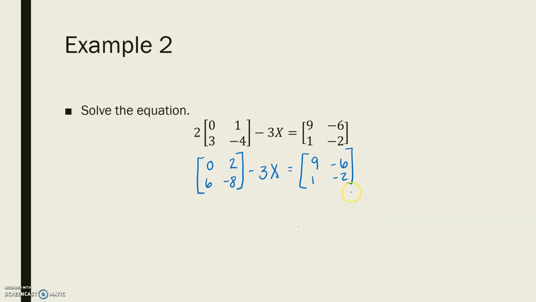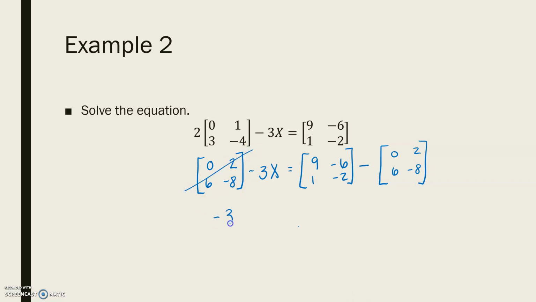I need to move this to the other side. Even though this is a minus sign, this right here is a positive matrix, so I'm going to subtract it from both sides. I'm going to subtract it over to here, and that's going to cancel out on this side.